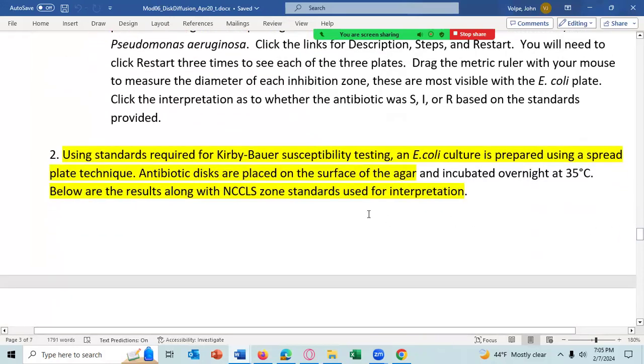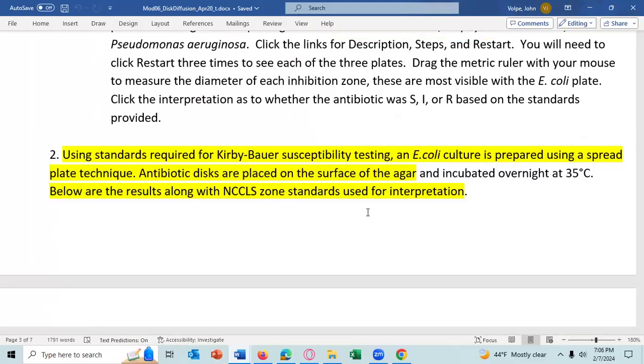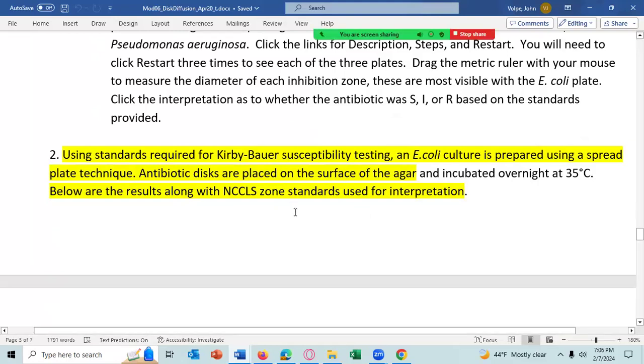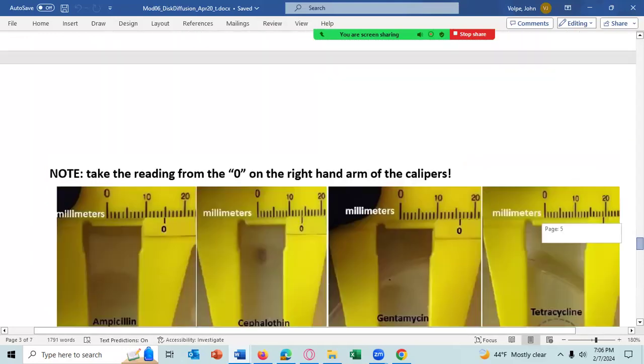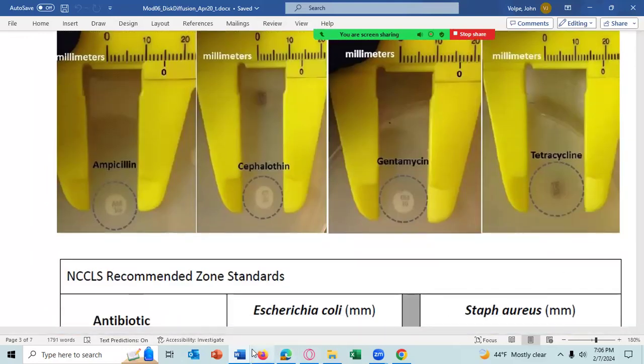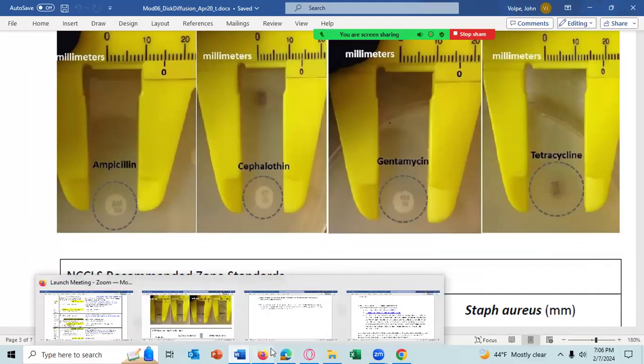All right, 2, using the standards required for the Kirby-Bauer susceptibility testing, an E. coli culture is prepared using a spread plate technique. Antibiotic discs are placed on the surface of the agar. The plate's incubated, and below are the results along with the NCCLS zone standards used for interpretation. And this I have in the worksheet, so let's go to the worksheet now.